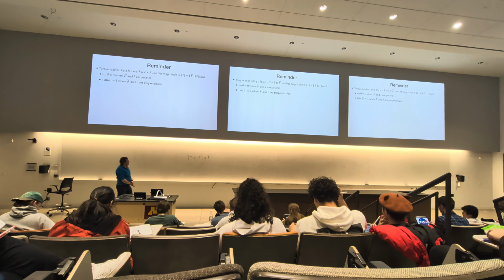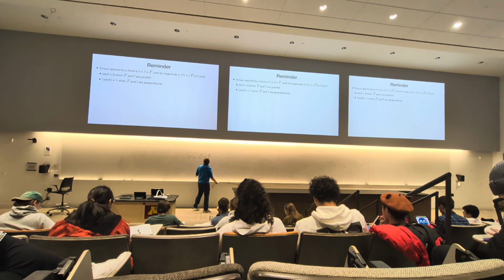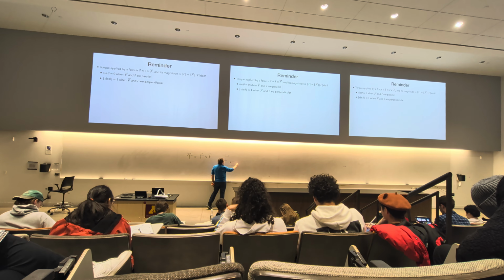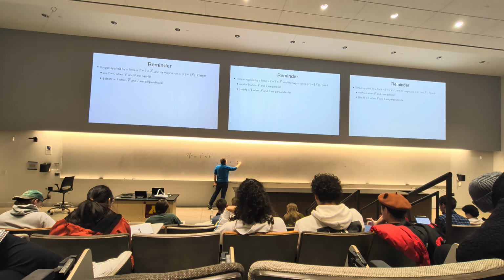Let me draw a couple of pictures and show you how to figure out the direction of the torque. Let's say I have a spinning disk like this. The axis of rotation is like this, okay? And let's say that its radius is R, and I apply a force right here, F. Actually, the way this is drawn is not what I want.